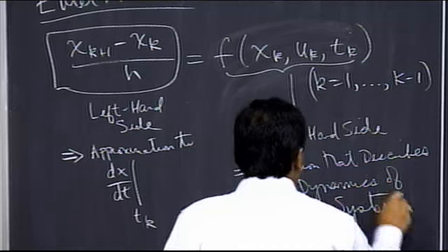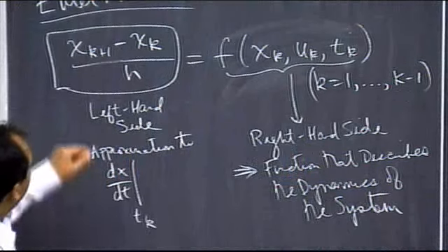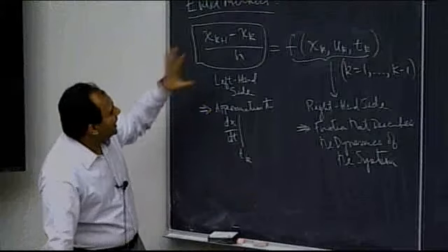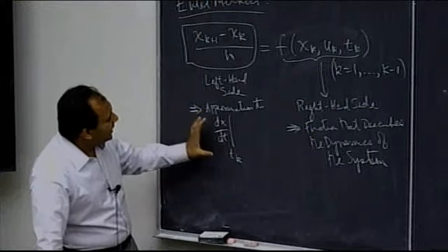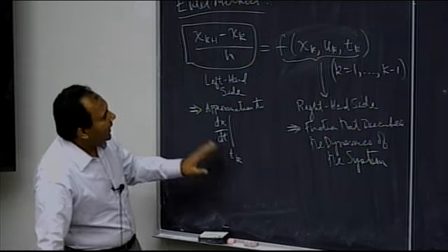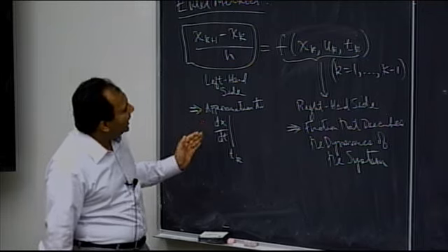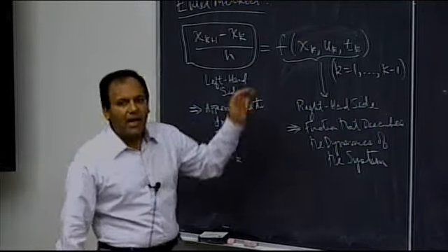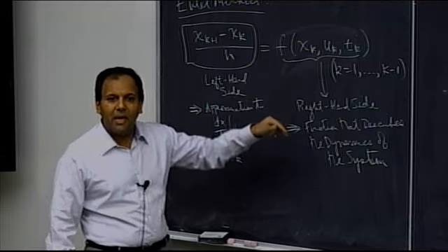So look at what you're doing. If you look at this in its really basic terms, you're saying that I'm going to approximate the derivative at some point, in this case t_k, and I'm going to set that derivative at that point to the value of the right-hand side, or the dynamics, at that point.